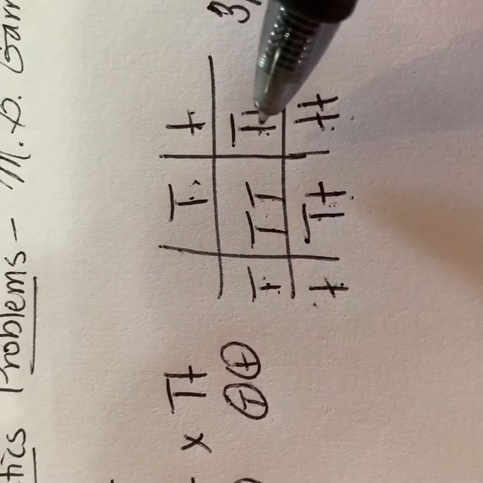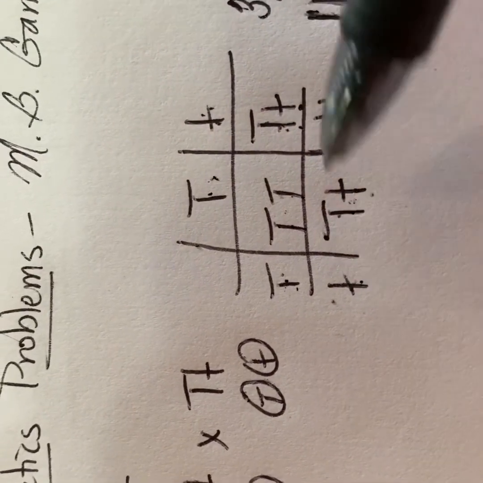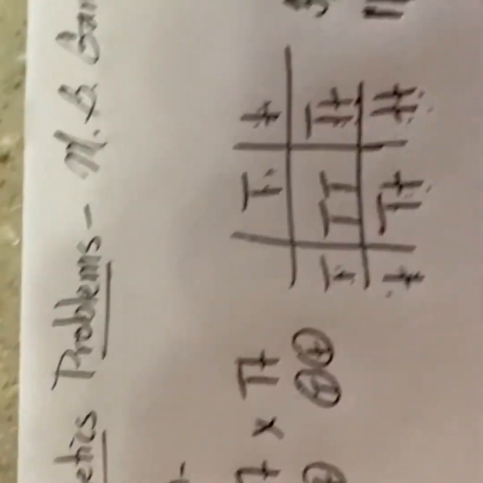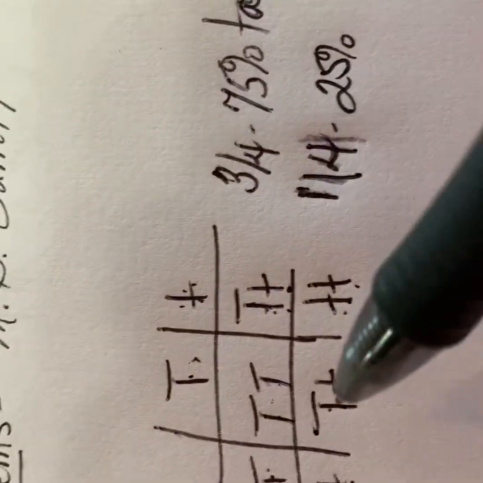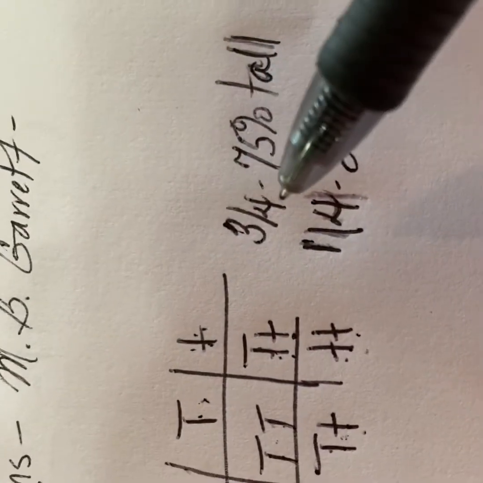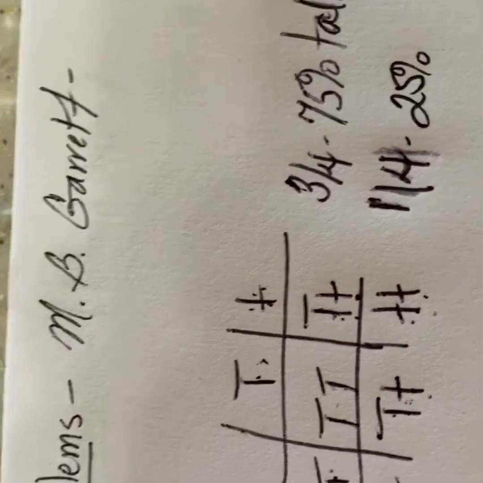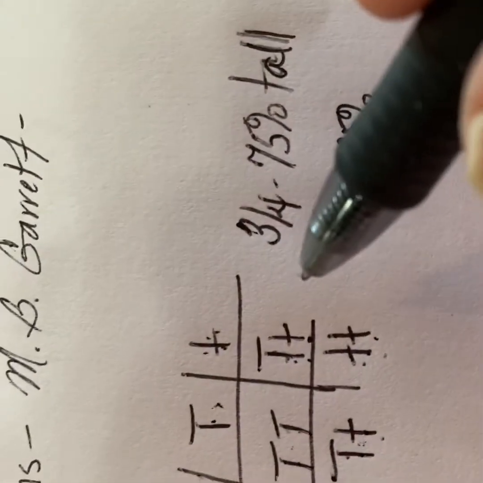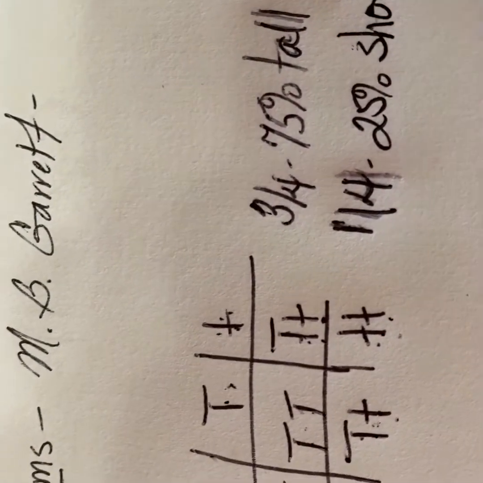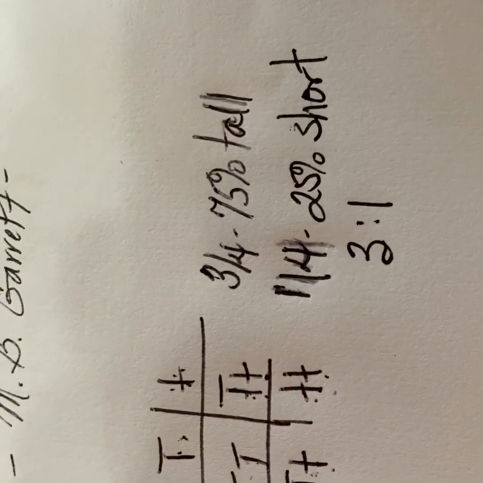And then big T over here, and little t comes down, and little t comes over, and little t comes down. So what that means is, because tall is dominant, 3 out of 4 of these offspring are going to be tall. That's 75%. 1 out of 4, or 25%, are going to be short. And that's going to give you a ratio of 3 to 1.